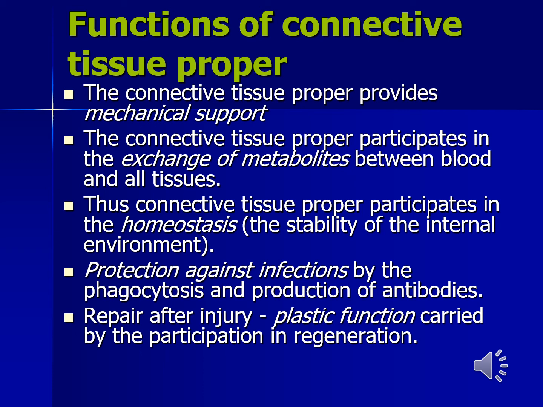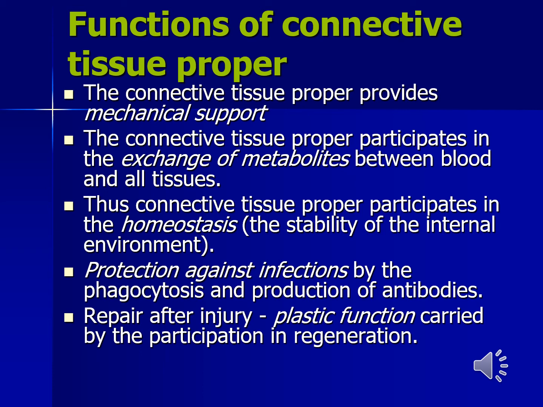We have a rule of histology: blood vessels are always surrounded by loose connective tissue in the peripheral part. And conversely, if we have loose connective tissue in some part of an organ or some tissues, inside there will always be a blood vessel. Next, connective tissue proper participates in homeostasis, the stability of the internal environment.